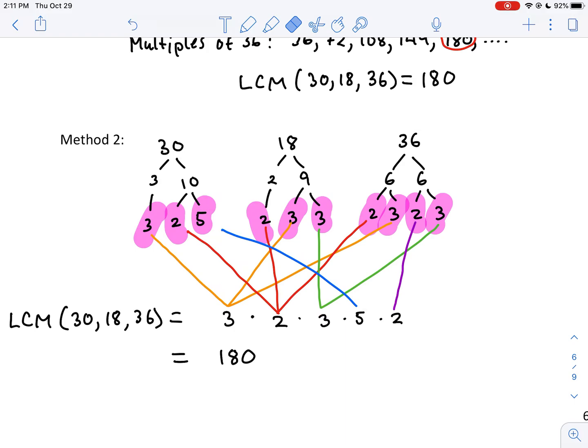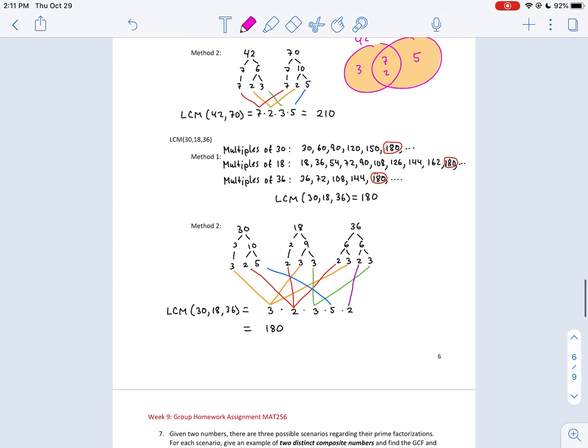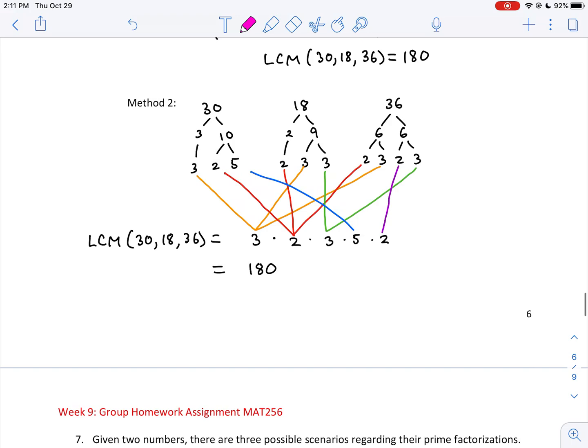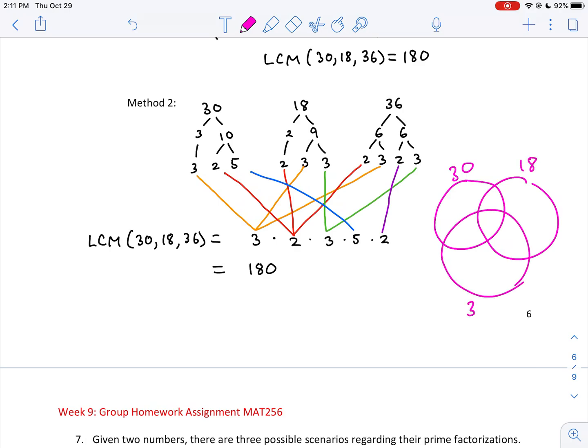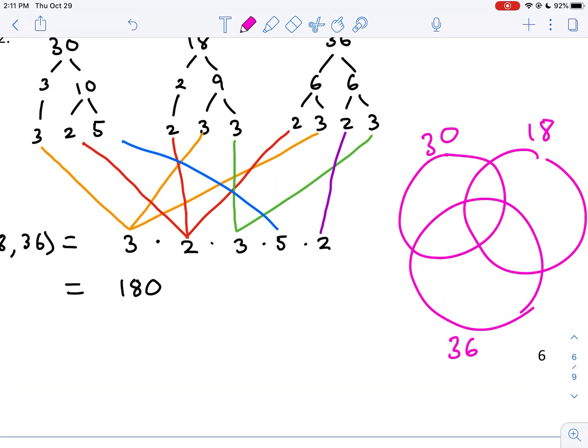Now, the Venn diagram approach here. Let's erase these highlights real fast. The Venn diagram approach would look like this: we have the factors of 30, the factors of 18, and the factors potentially of 36. What do they have in common to all three of them?